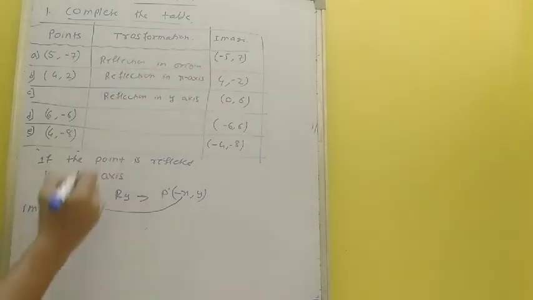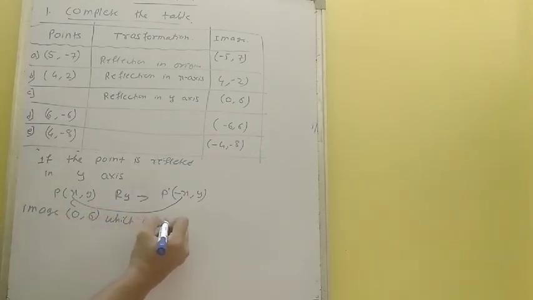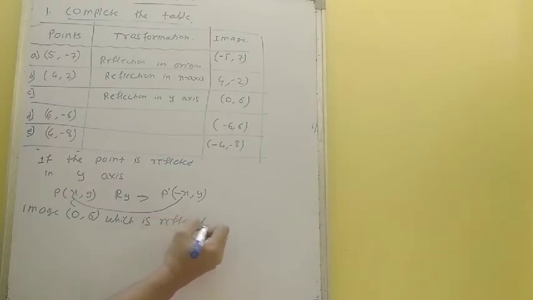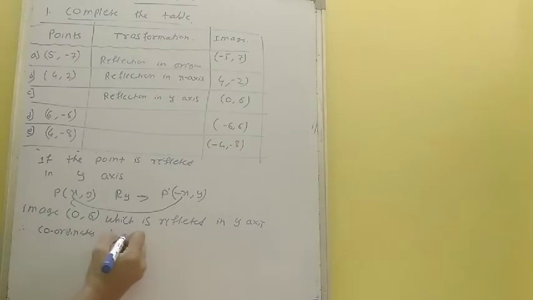Image is given that 0 comma 6, which is reflected in y axis. Therefore the coordinates of the point will be, see, 0 doesn't have any sign.